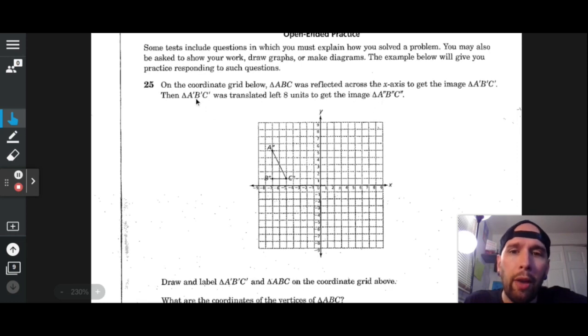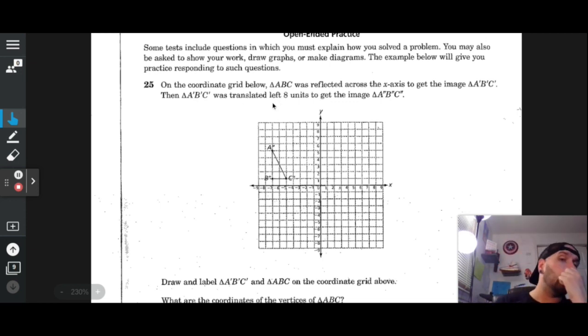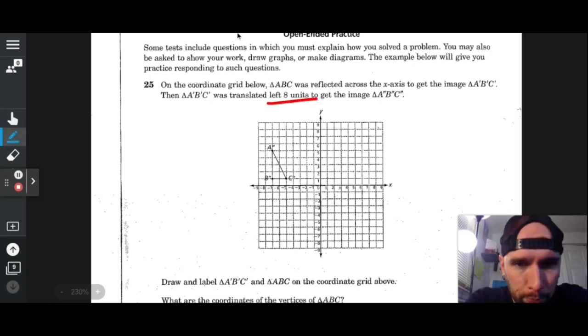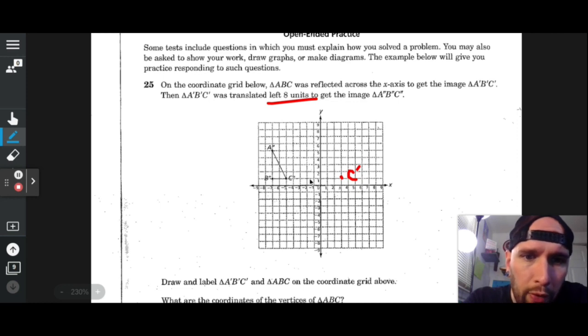If A prime, B prime, C prime turned into this by going left, then I have to go the opposite. I'm working backwards. So I'm going to start out by going right 8 units. 1, 2, 3, 4, 5, 6, 7, 8. And that's C prime. 1, 2, 3, 4, 5, 6, 7, 8.